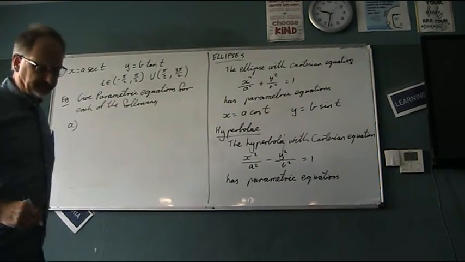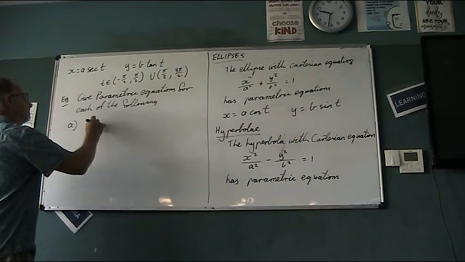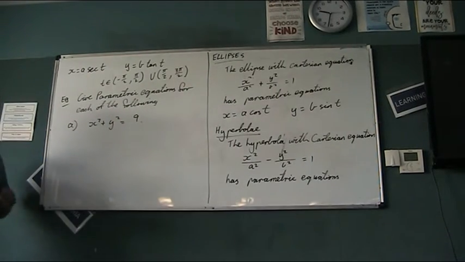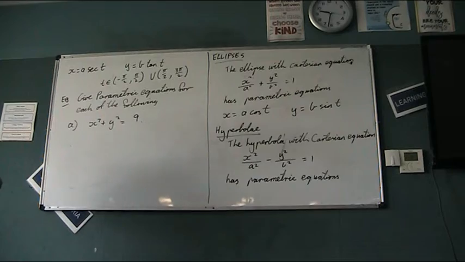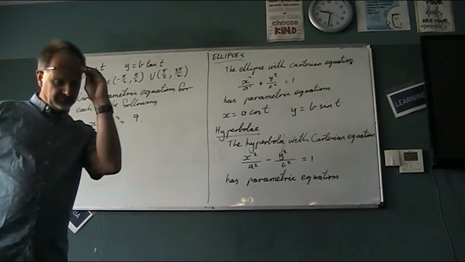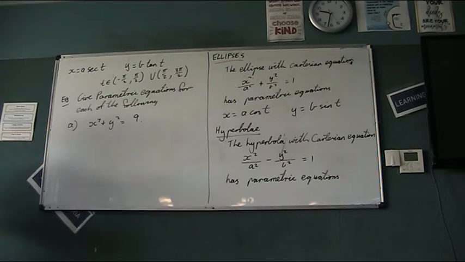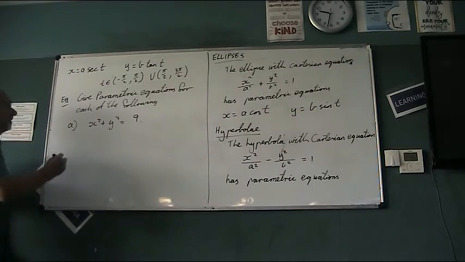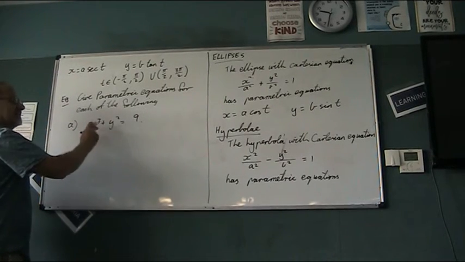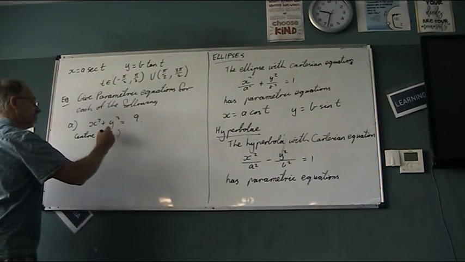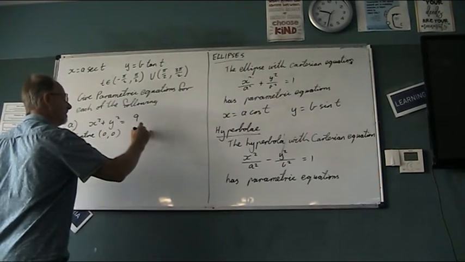First one. So we're going to turn this, which is a Cartesian, into parametrics. So what do we know about parametrics? Where's the centre of this one? 0, 0, it's at our origin, and our radius.